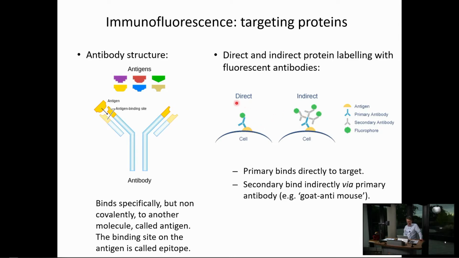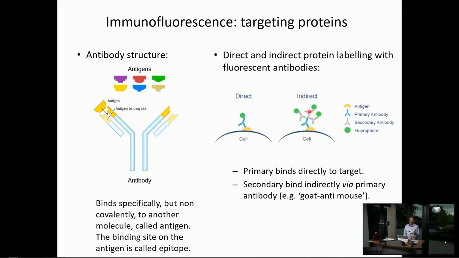You wonder why go through all that complication. Why not just do the primaries? There is a good reason for that, and I will come back to that, because in fact this second method is much more versatile, because you do not actually have to make fluorescent primaries, which can be very expensive. This process of labeling can be very expensive, and you'd have to do it for every single primary.